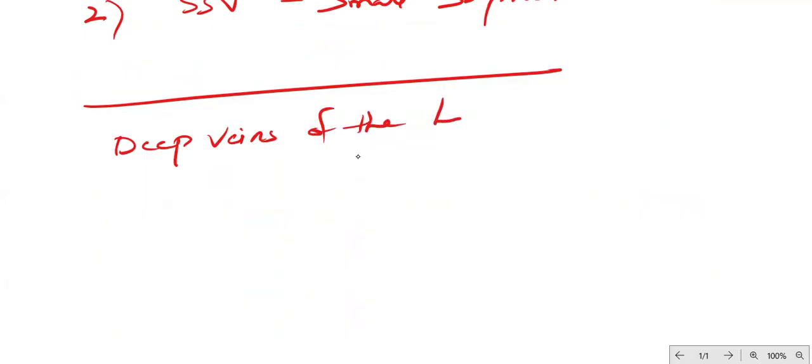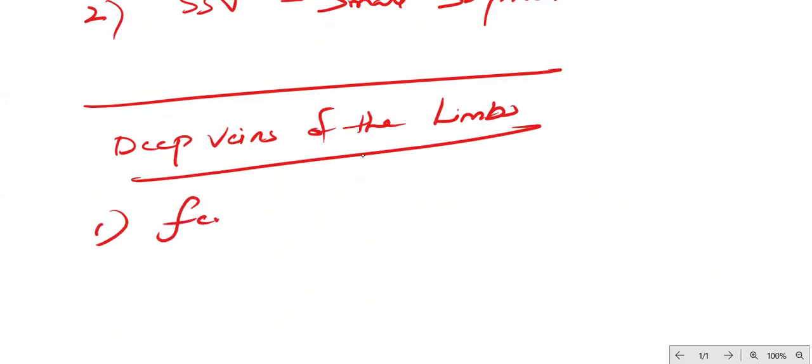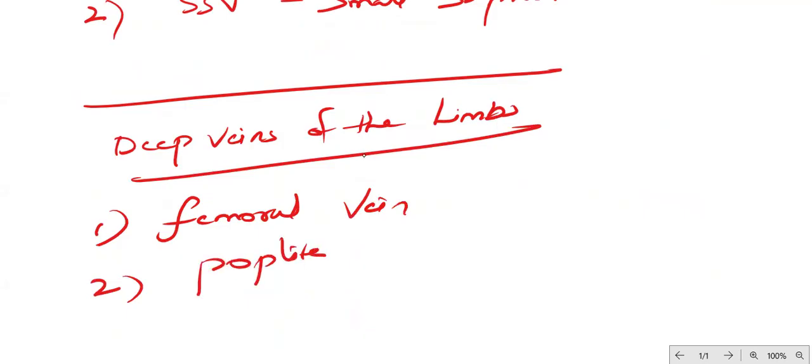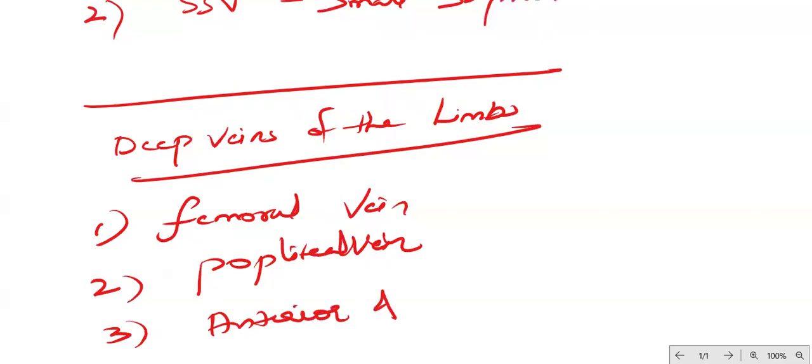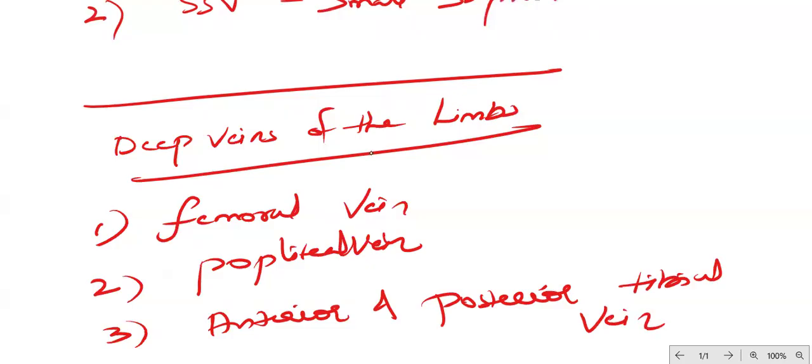One is femoral vein, second one is popliteal vein, and third one is anterior and posterior tibial vein. So it is going along with the arteries.